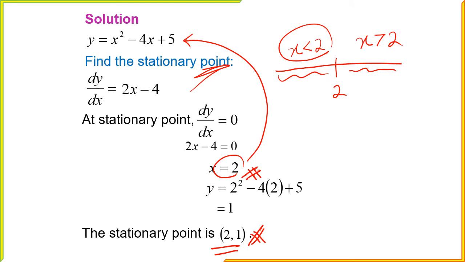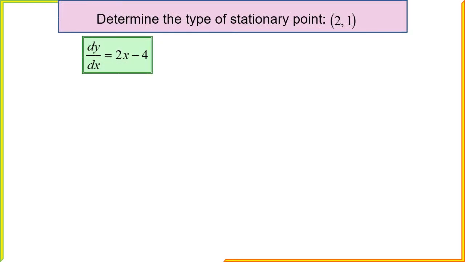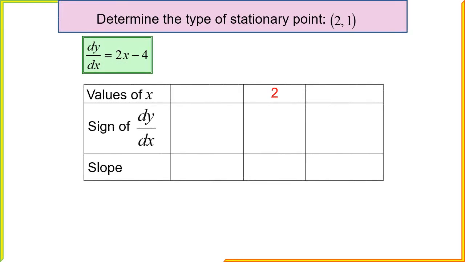And then the next part is to find the nature, whether it's maximum or minimum. Because we want to determine by using the first derivative, we need to have separate parts. So before 2, we can take any value before 2, let's say we take 1 or 0. The left side of 2 will be 0 or 1, and the right side, let's say we take 3.